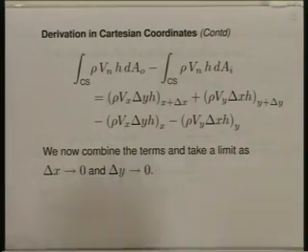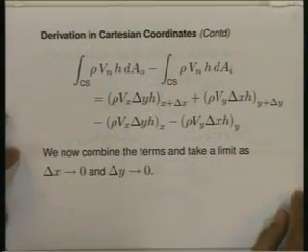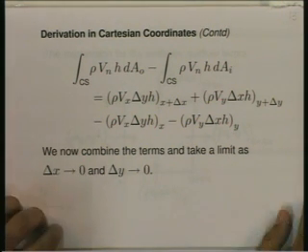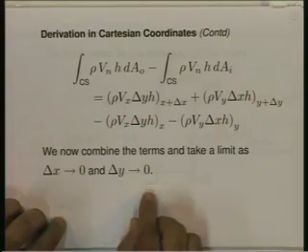Now we have an expression for the Q term, we have an expression for the other two terms in the first law of thermodynamics. We will now combine these terms, and the resulting equation we will try to convert into a differential equation by taking the limit as delta x tends to 0 and delta y tends to 0. When you do that, this is what you will end up with.